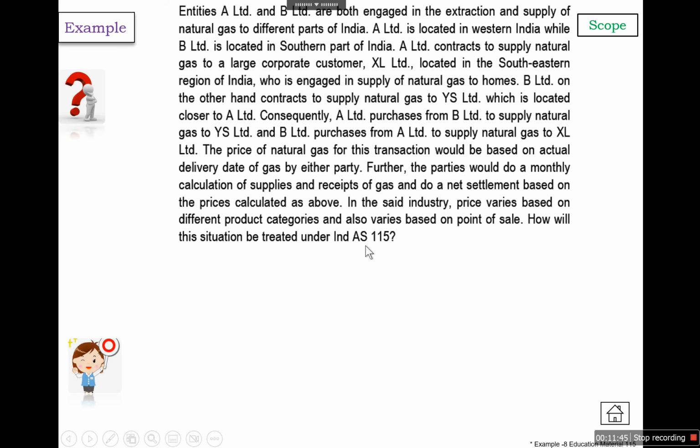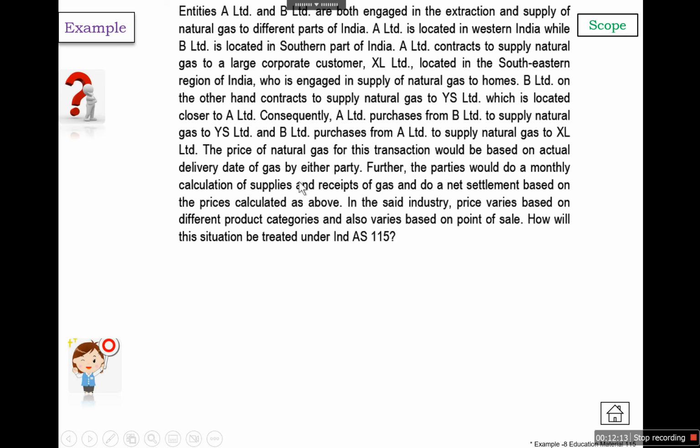If we look at non-monetary exchanges, they are exchanges of goods between the same industry players to facilitate the customer. That was the condition. But in this case, it is not an exchange of goods. Both the companies are doing the transaction, and the price of natural gas would be based on the actual delivery date of the gas.